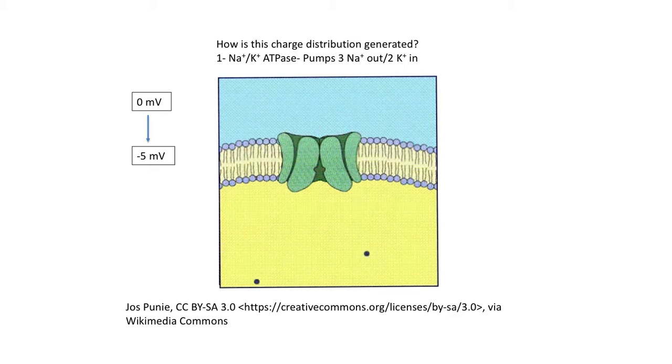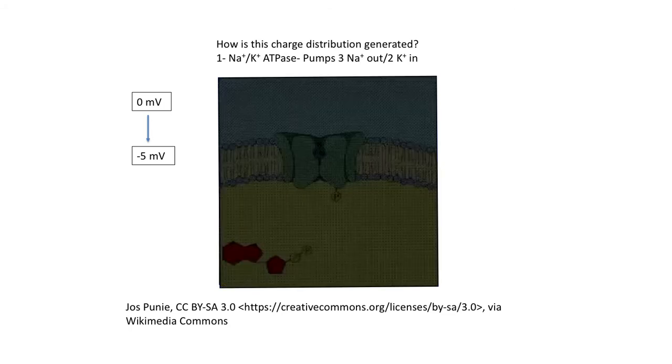So your cells, as you are sitting down on a chair, even if you're not spending a lot of energy, are constantly pumping. For every 3 sodium pumped outside of the cell, they bring 2 potassiums inside the cell.